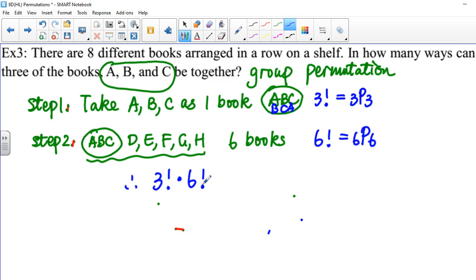So it's 3 factorial times 6 factorial ways. Therefore, the total number of the permutations of those 8 books arranged in a row on a shelf with ABC being together is 4,320 permutations. This is the end of this lesson.